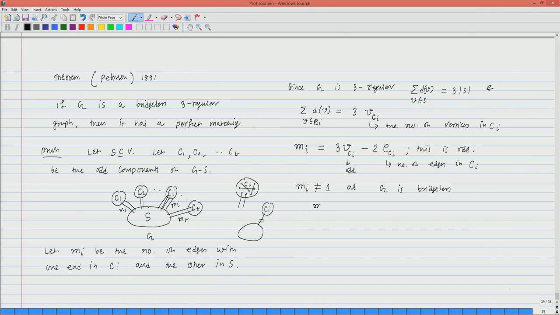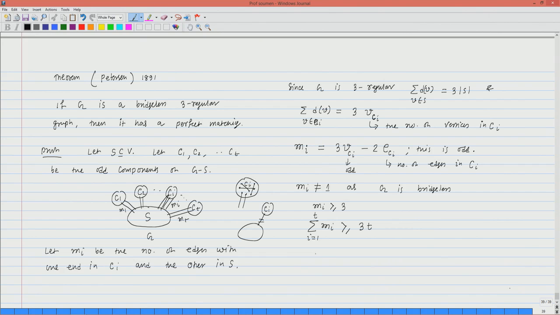So, Mi is greater than or equal to 3. Now, from here, the summation of Mi from 1 to t is greater than or equal to 3t, as I do it for all components.